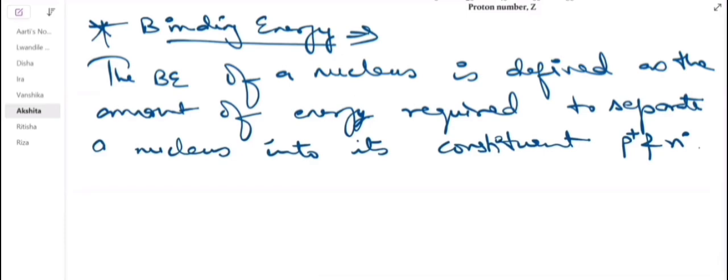But let's have a look now at the picture that I'm showing you.